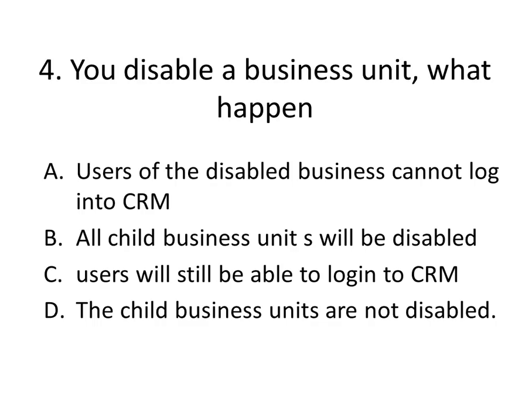You disable a business unit. What happens? Users of the disabled business unit cannot log on to CRM. All child business units will be disabled. Users will still be able to log into CRM. The child business units are not disabled. So what happens when you disable a business unit?